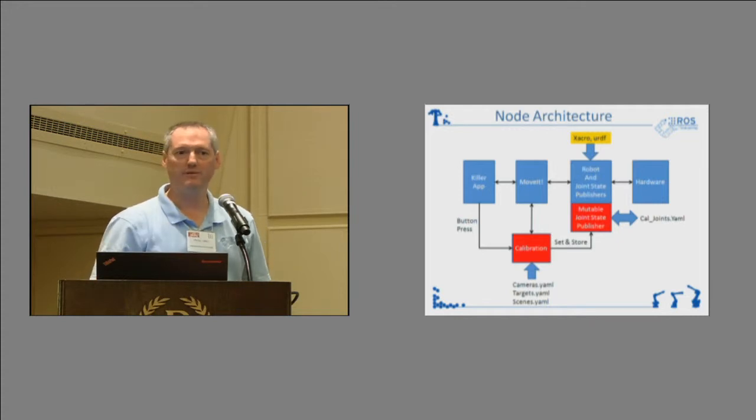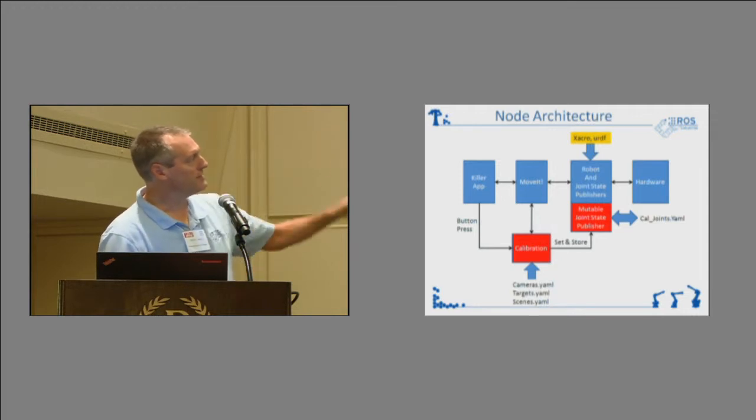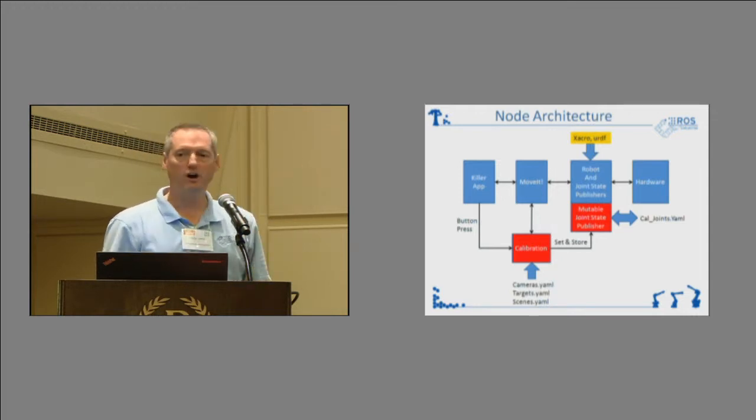We have a little macro that we add in place of every joint that you want to calibrate. Along with that, we run a new node called a mutable joint state publisher, which simply publishes the roll, pitch, yaw, X, Y, and Z for that joint, and allows you to change it.